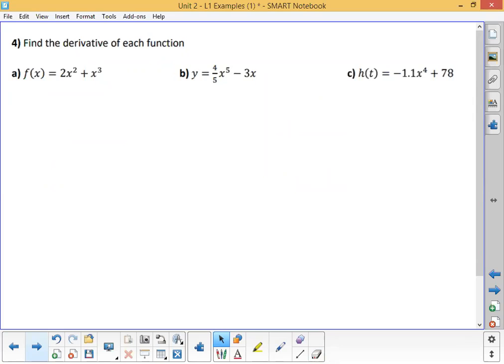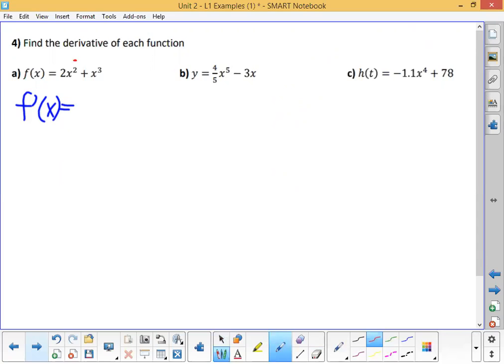Okay, so let's see. I want you to do, this one is very simple. F prime of x is going to be equal to, when I bring this power of 2 down and multiply it by 2x, I have to remember I'm not finished because there's another term in that equation.